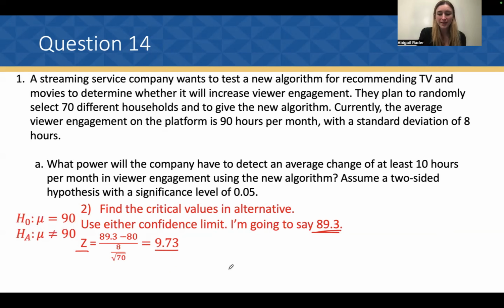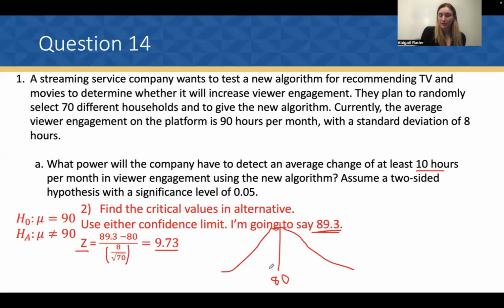If I'm working on this alternative distribution, it has a mean of that difference, 90 minus 10, so 80, if that is the truth, and the standard error is the same, 8 over the square root of 70.